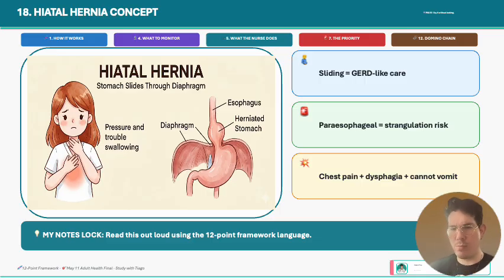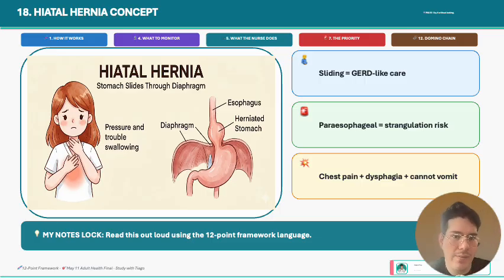So my framework separation is: sliding equals reflux-style management, right? Paraesophageal with strangulation signs equals emergency. Okay, so sliding hernia is the stomach peeking upstairs. That's your memory hook, yeah?